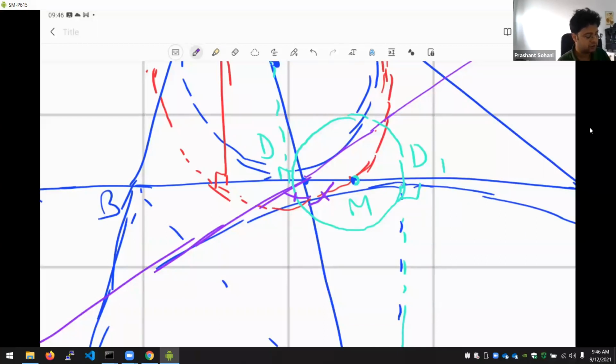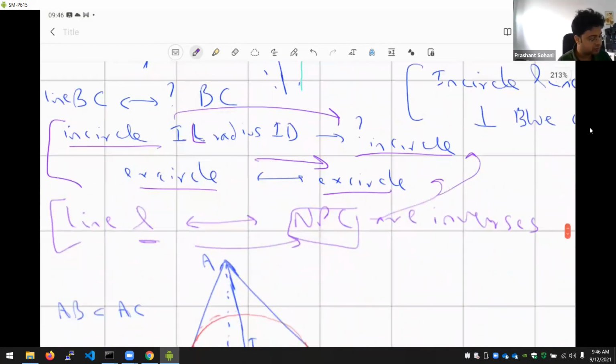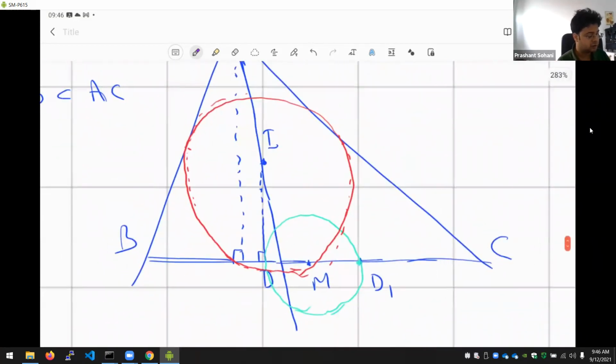Okay, are you following me? So if I take one of the tangents BC and I reflect it in the line joining the centers I and I1, I will get the other tangent. So I can do the same thing over here. I don't need to construct that purple line as a tangent. All I can say is that I reflect the line BC in the angle bisector and I will get the other line.